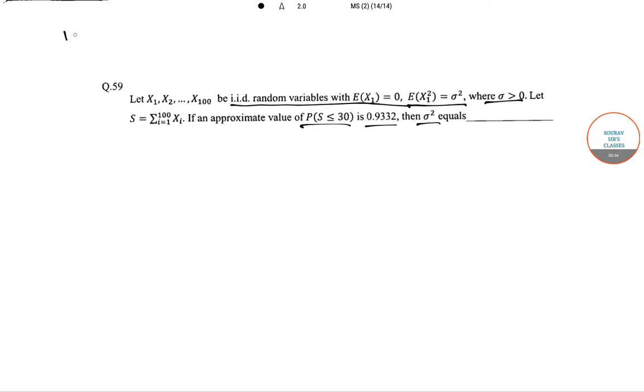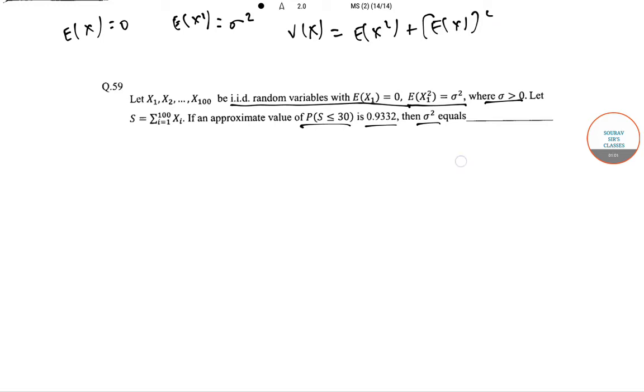Now we have been given that expectation X is equal to 0 and expectation X squared is equal to sigma squared. Thus, variance X would be expectation X squared minus expectation X whole squared, that is sigma squared minus 0, which is equal to sigma squared.